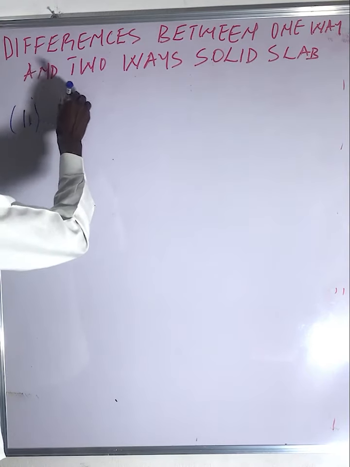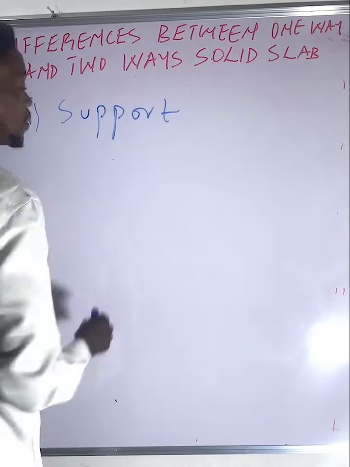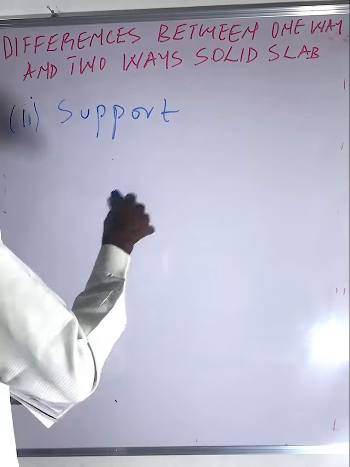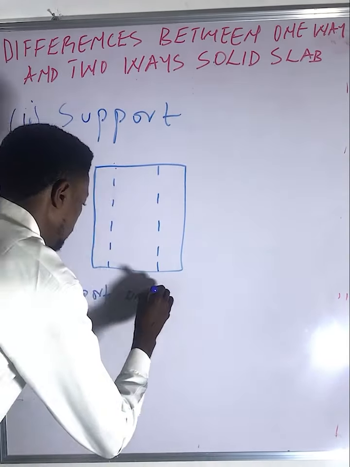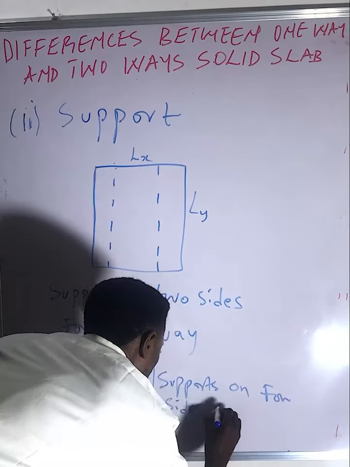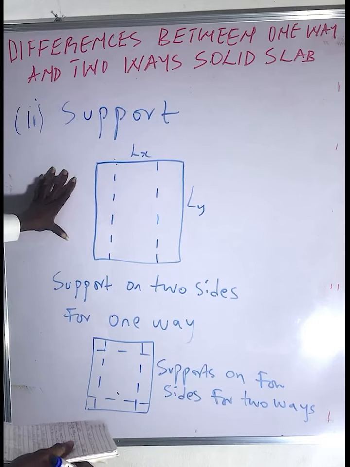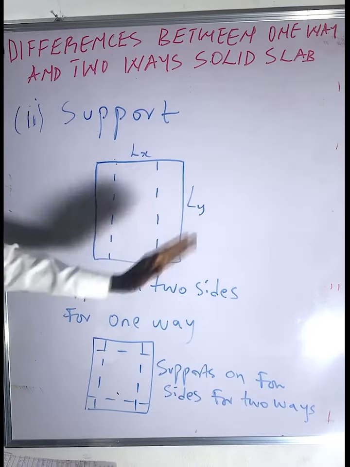Number 2, the support. For one-way slab, you only have support on two sides.